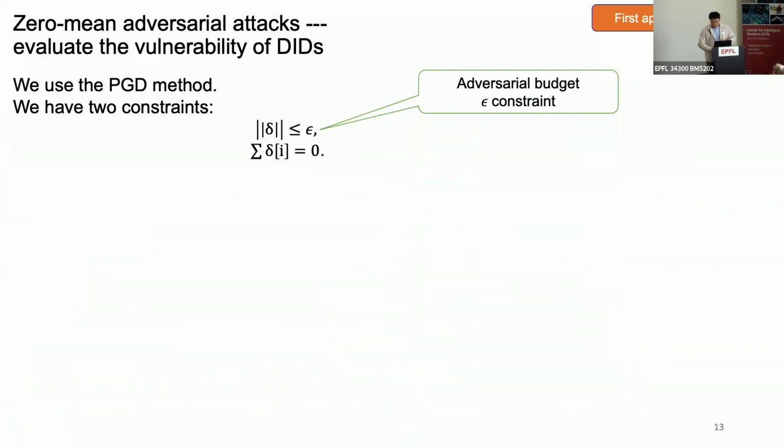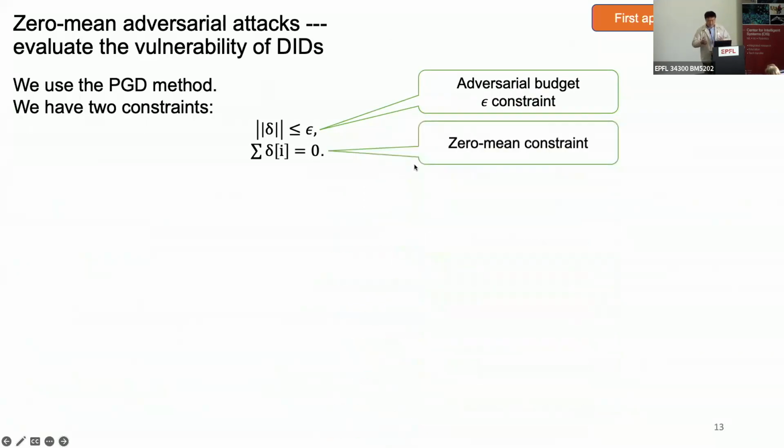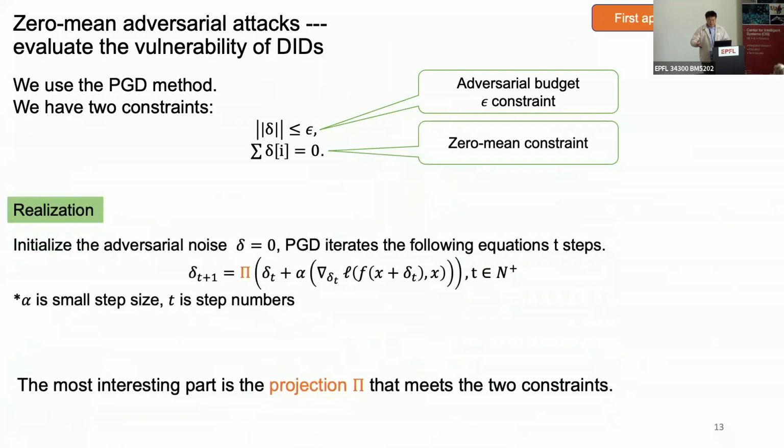First, the noise should meet the zero mean. Second, the noise should be bounded by the adversarial budget. To realize this, we customize the projection function pi in the PGD method to meet the above two constraints.